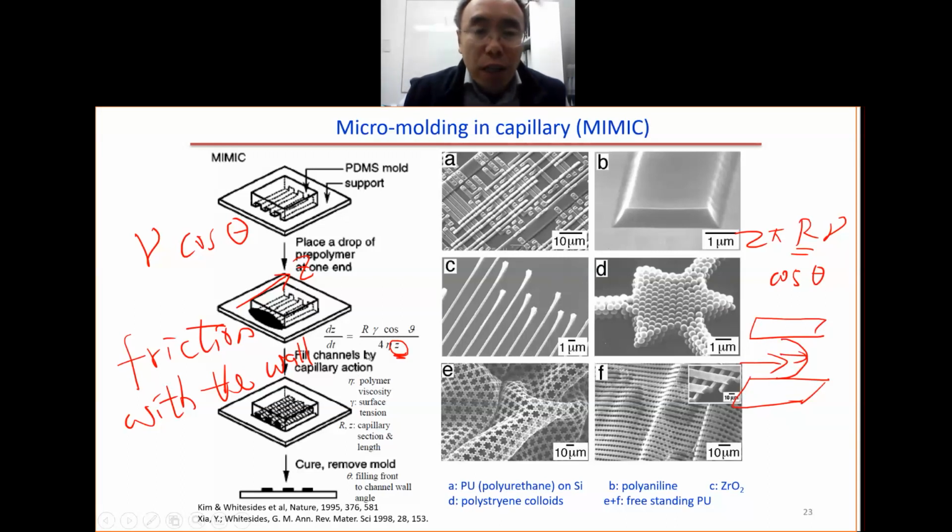But for the circular one, it's more complicated. From here you can see that dz over dt is proportional to 1 over z. That means you get this kind of curve. So you can see the deeper you go, the filling becomes more and more difficult, taking longer and longer time.